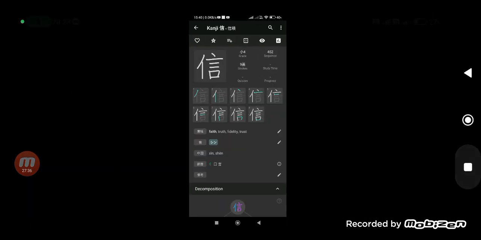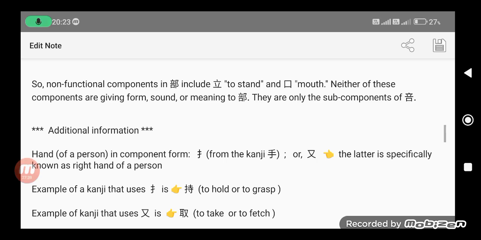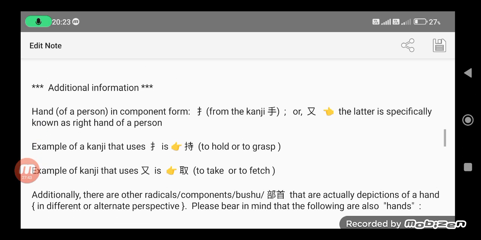So okay, going back to our reference. I want to give you this additional information. The hand of a person, being a component or radical, is written in this kind of component.